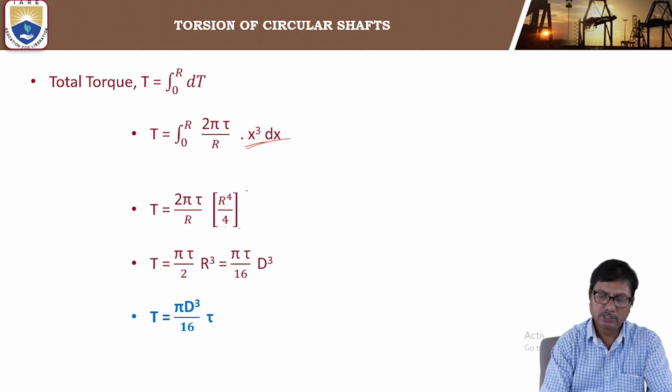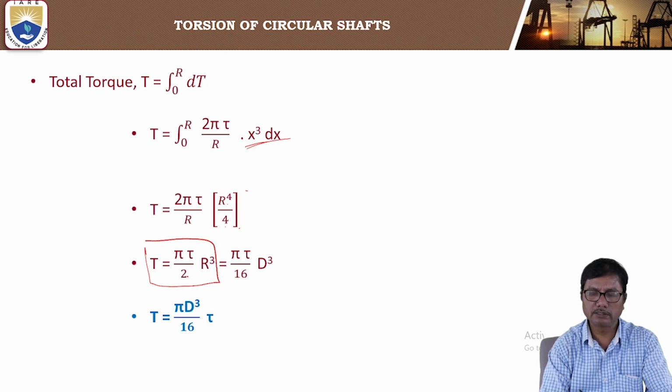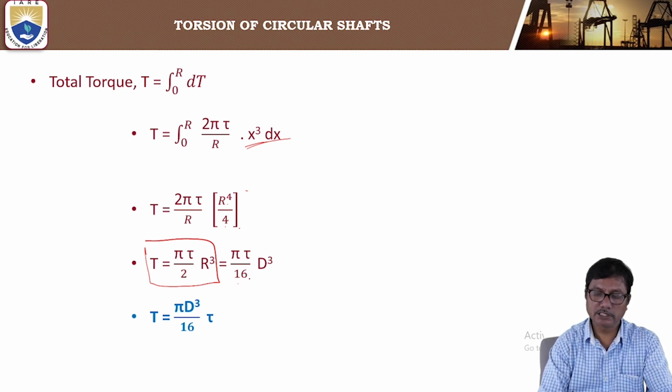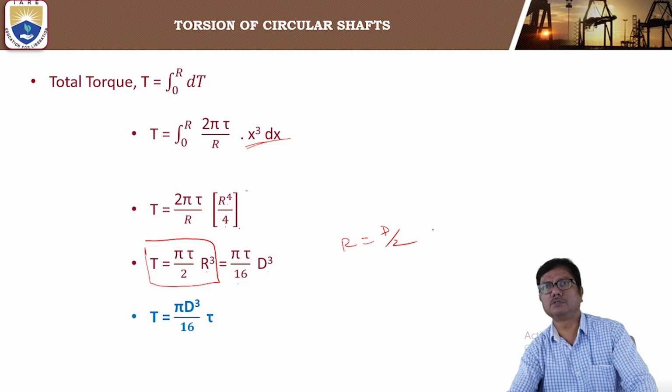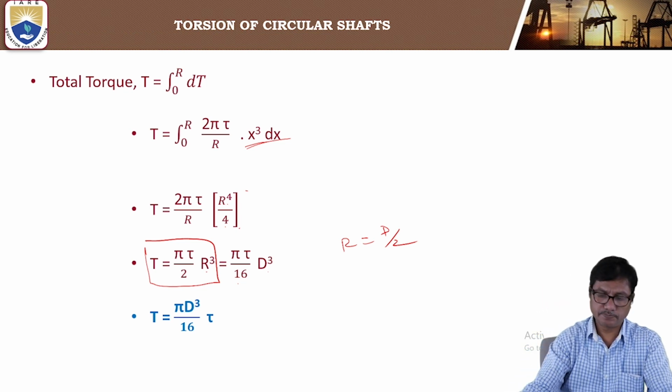So finally you will get the torque as pi tau by 2 into r cube, or pi tau by 16 into d cube, replacing r by d by 2, where d is the diameter of the shaft.